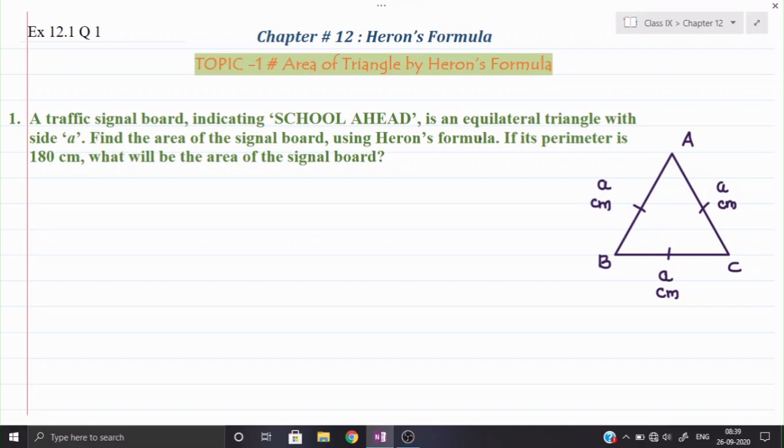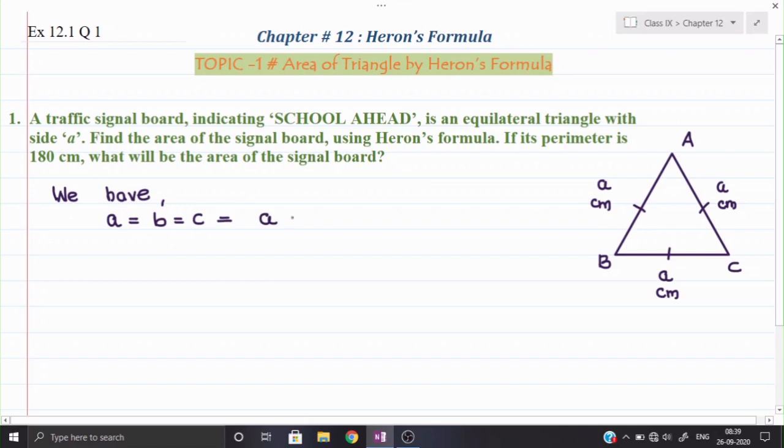Okay, so let us calculate here first. First I will suppose the three sides of the triangle as A, B and C. Now see, we have been given that all the three sides are equal. So A will be equal to B, will be equal to C, and all the three sides I am supposing equal to a centimeter. Okay, because all three are equal, so one common value we can take, that is a.